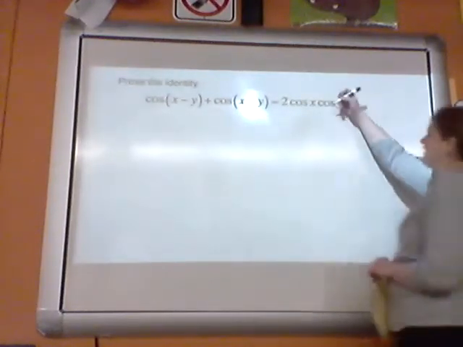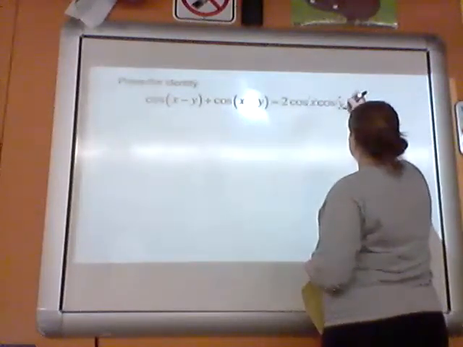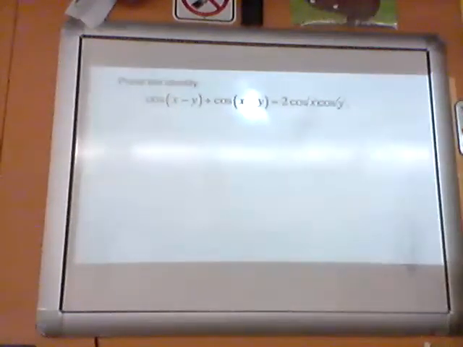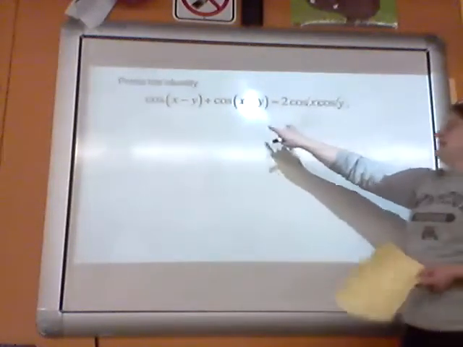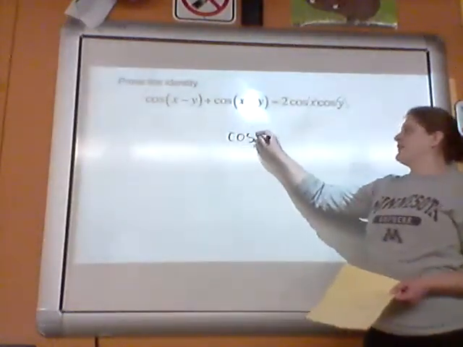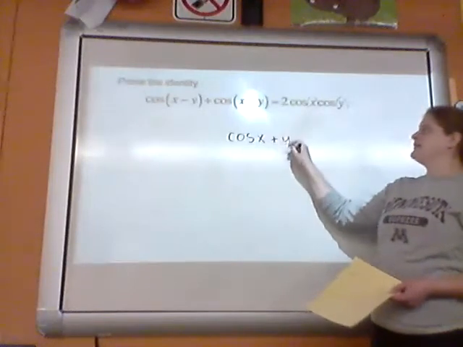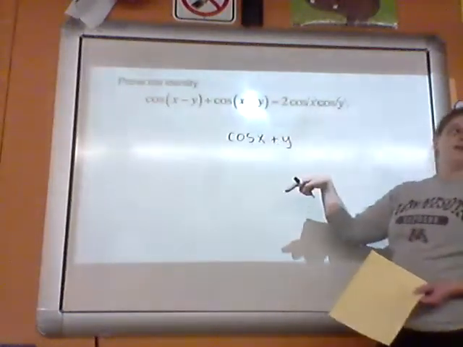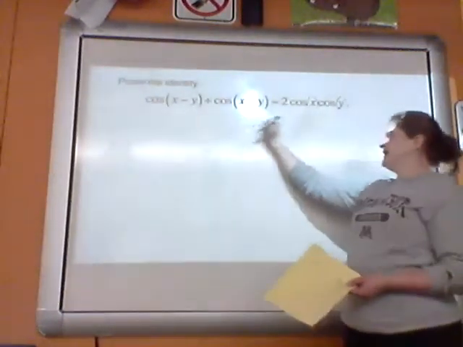I hate the lack of parentheses, it just makes me nauseous. I'd be fine with it if they were consistent. I know. Clearly they had to put them here because if they put cosine of x according to their notation plus y, that wouldn't be in there. Yeah, it makes me nauseous.